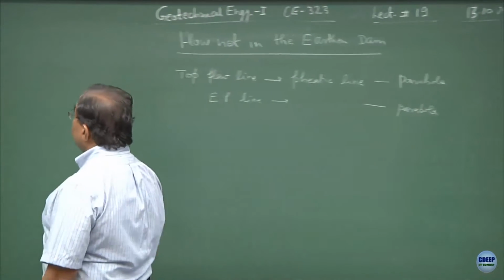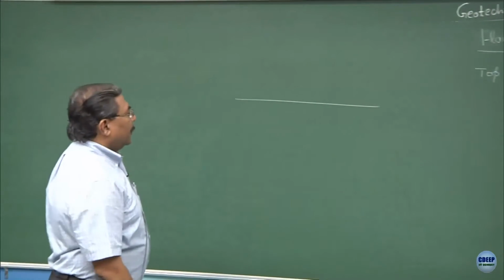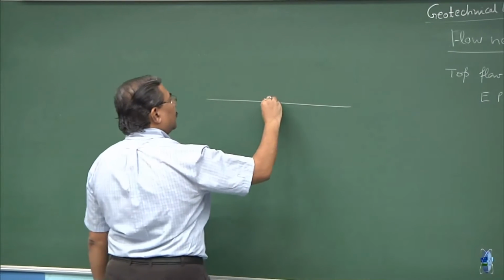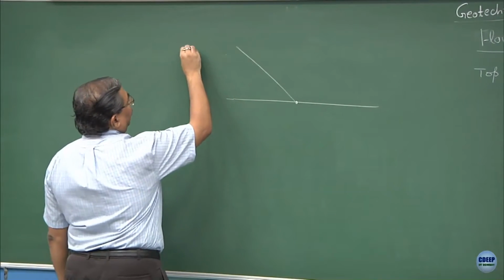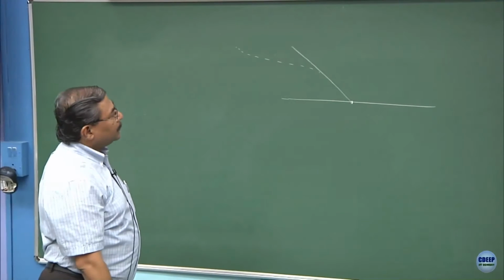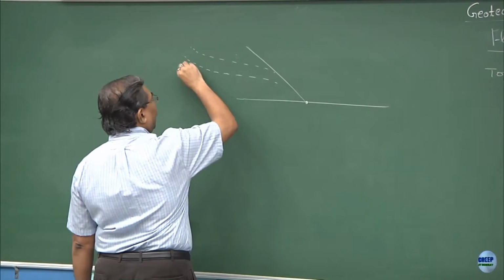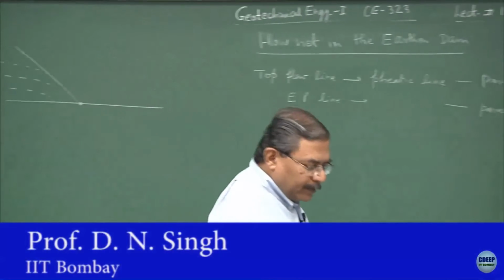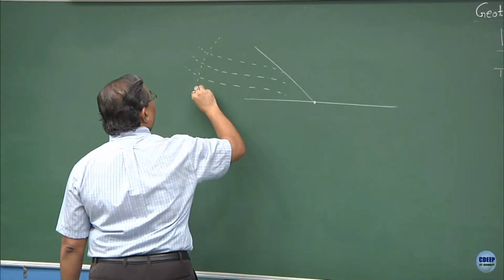So, the way we draw this is, if I consider that this is the dam, and if I have the top phreatic line like this, the next phreatic line like this and like this, the equipotential lines to this would be perpendicular to the flow lines.